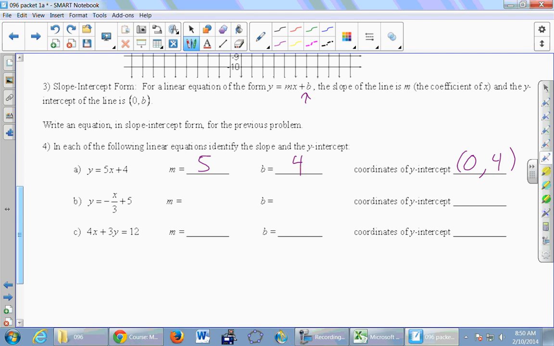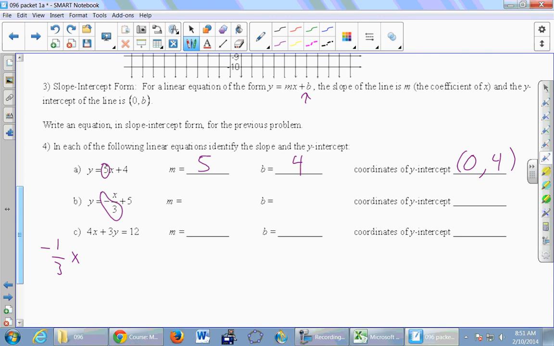Okay, part B is a tiny bit more work. It was easy to see that the slope was 5 in the previous one because you just grab the number touching the x. Unfortunately, the number touching the x is, well, it's not really written out in front of the x. It's kind of part of the x. So we need to rewrite that. You guys buy this? Negative 1/3 x is the same as negative x over 3.